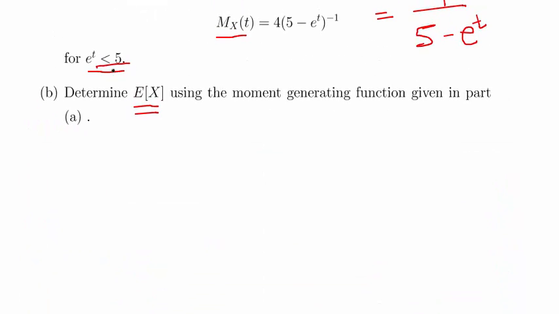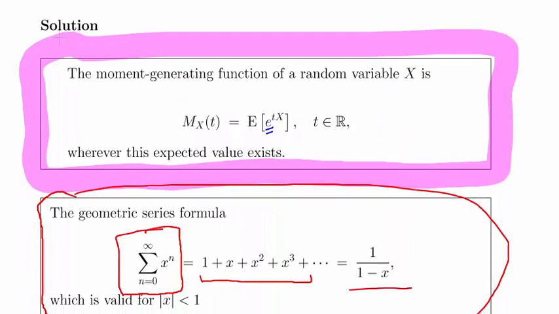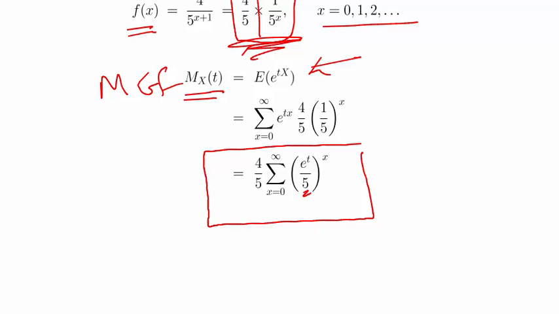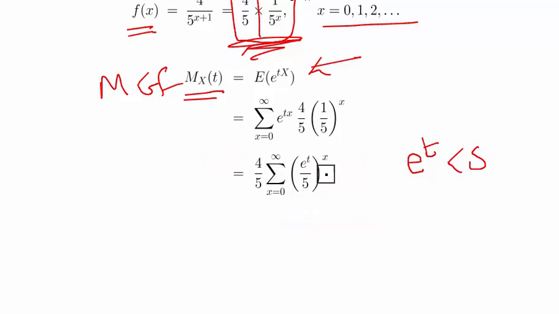That's why this is important now, because the geometric series is valid for the absolute value of x less than 1. That means this whole expression here has to be less than 1, and it only works if that is the case. It's a subtle hint after the fact, now that you realize it, that you're going to be using the geometric series summation formula.